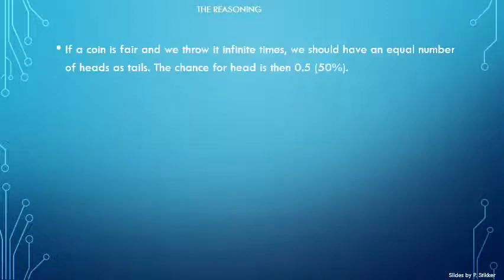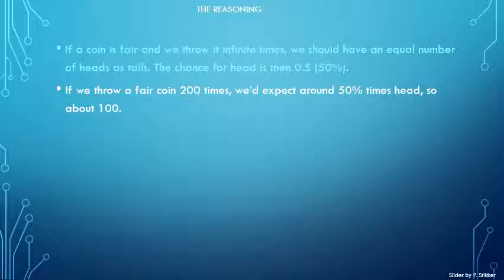For the reasoning, we begin with that if a coin is fair and we would throw it an infinite amount of times, we should have an equal number of heads and tails. The chance for a head is therefore 0.5, or as a percentage 50%. So if we throw a fair coin 200 times, we would expect around 50% heads, so about 100 times.